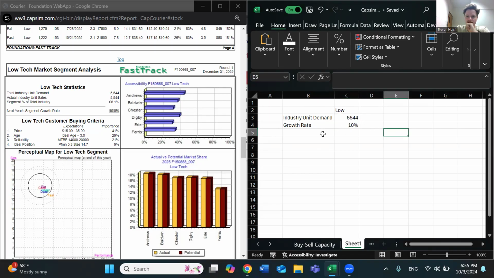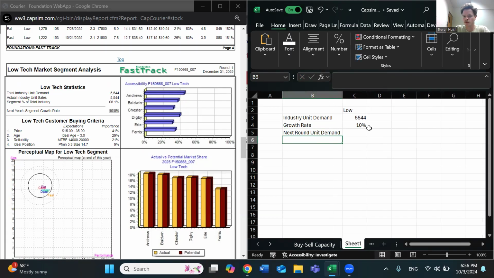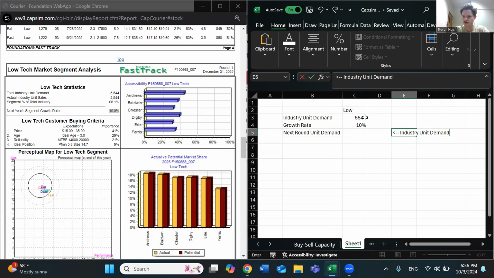Okay, so I have the unit demand and I have the growth rate. And I know that if I want to find the next round unit demand, I can assume that the equation for this is going to be this industry unit demand, so that 5,544, times this growth rate.